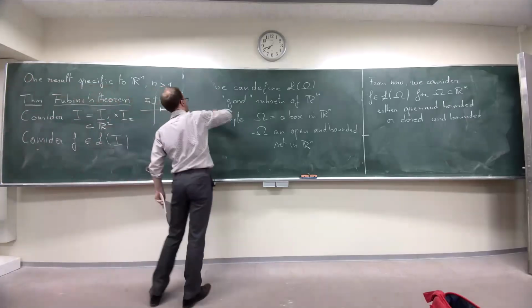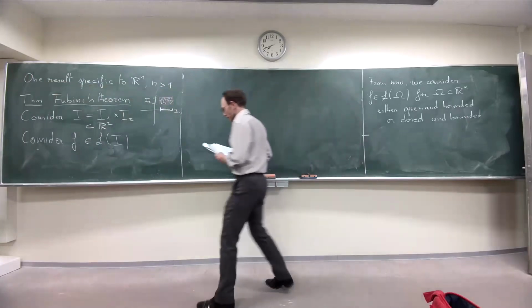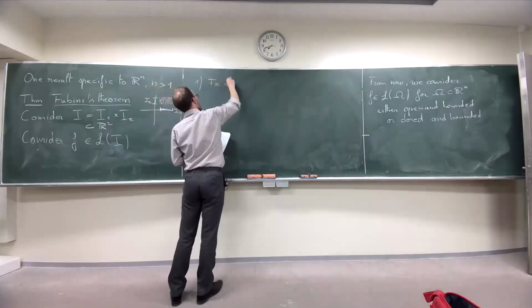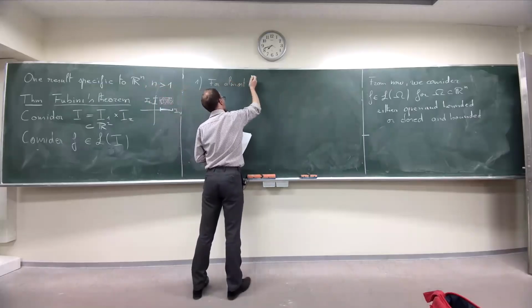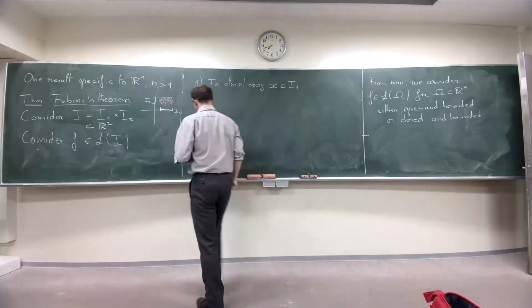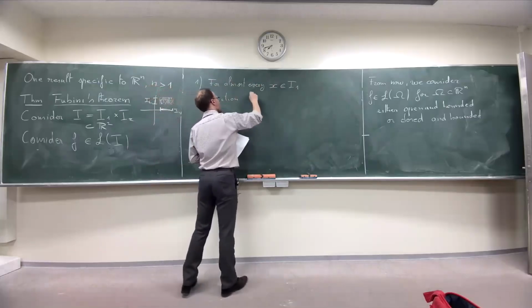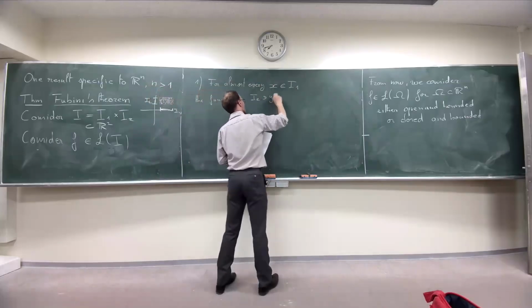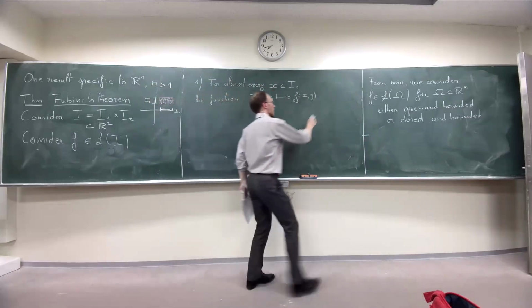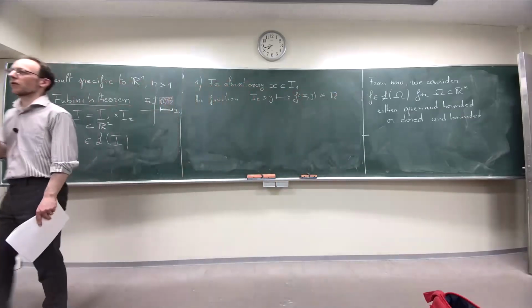Now, what is the statement? It's a long statement. It's in 3 points. First, for almost every x belonging to I1, the function y goes to f(x,y): I fix an x and I look at this function of 1 variable.